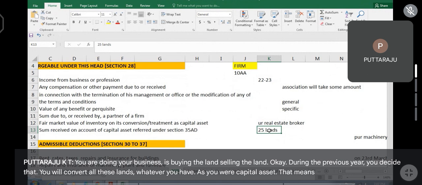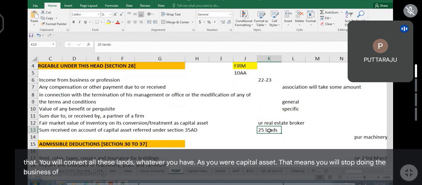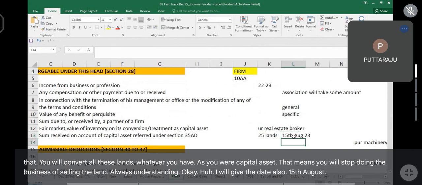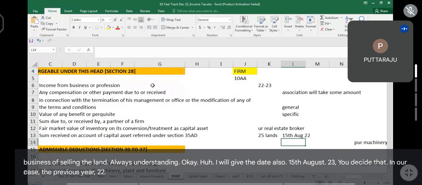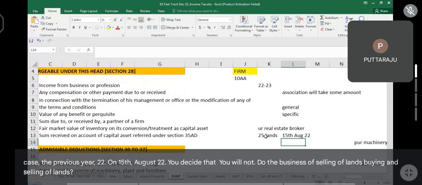That means you will stop doing the business of selling the land. Are you understanding? Date, say 15th August 22, in our case the previous year 22. On 15th August 22 you decide that you will not do the business of buying and selling of lands. Instead, you keep these lands as your capital asset, that means for your personal use.